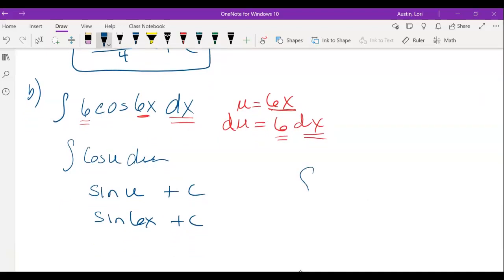Well, this is the same as doing the integral of cosine x dx, which is just sine x. Once you do the integration, the du is gone. Once you actually integrate cosine u, the du is gone.